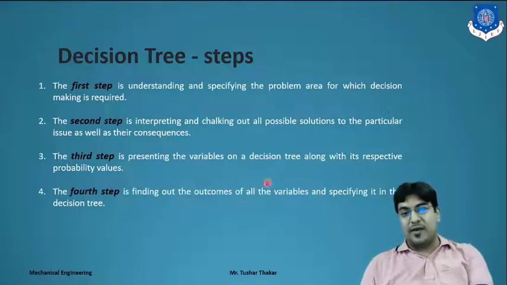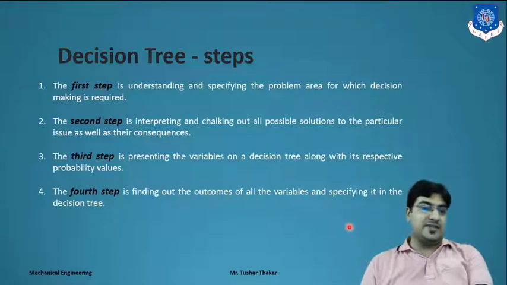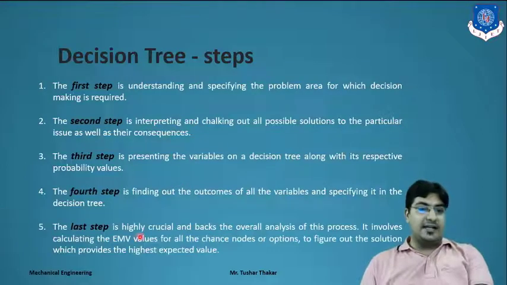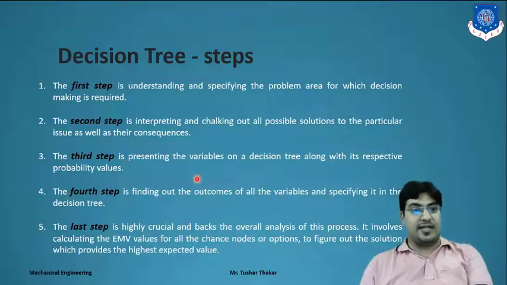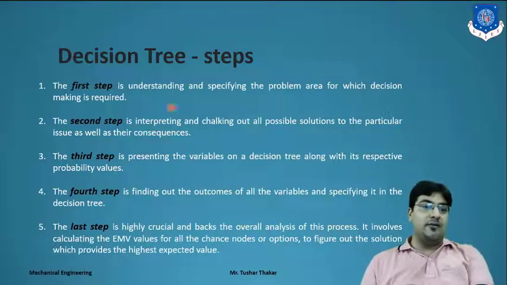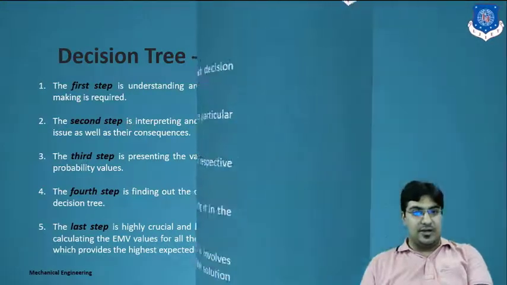Fourth step, find out the outcome of all variables and specify it in the decision tree. And in the last step, make the overall analysis of the process. It involves calculating the EMV value, expected monetary value, or expected outcome or expected payoff of the systems, and figuring out the solution which will be the highest expected. So these all 5 steps we have to implement during the calculation of the problem.